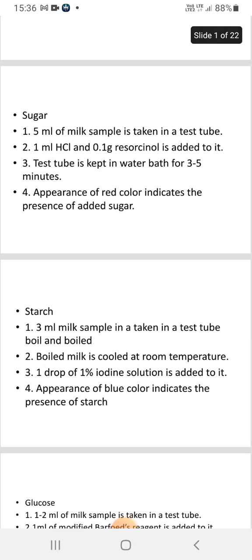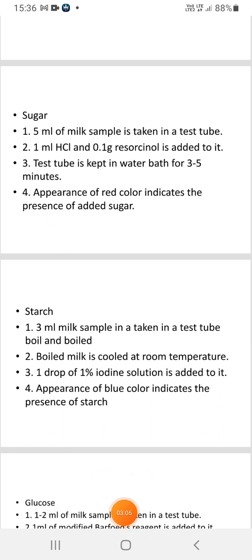Now if there is the presence of added starch in milk, then we can perform the iodine test to check its purity. In every test we have to take the sample, then add the reagent, and then see the result, then see the color actually.